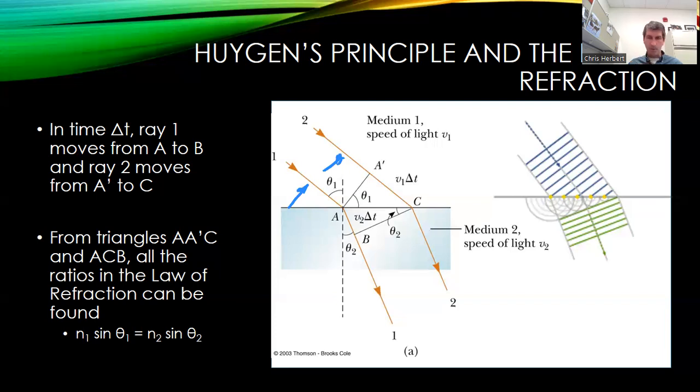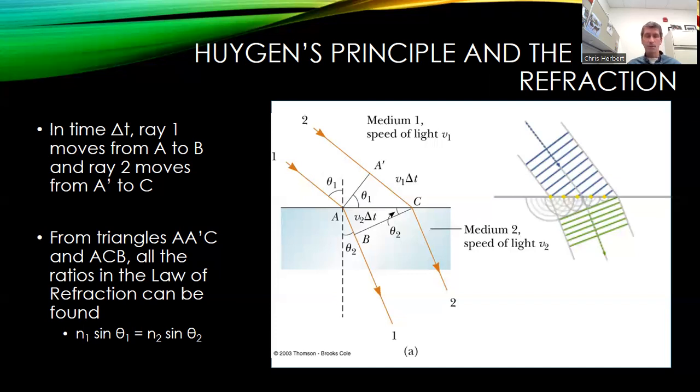Using Huygens principle, we can clearly see that this point is hit by the wavefront first, so it's going to create a wavelet that has more time to propagate than when this point is hit by that same wavefront. It takes a little longer to get there, and that changes the direction of the light, so the refracted beam is traveling in a different direction from the incident beam.